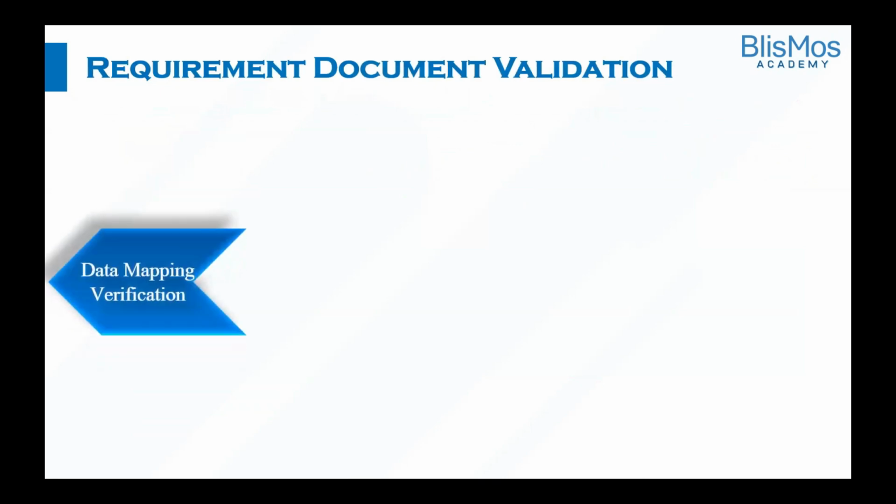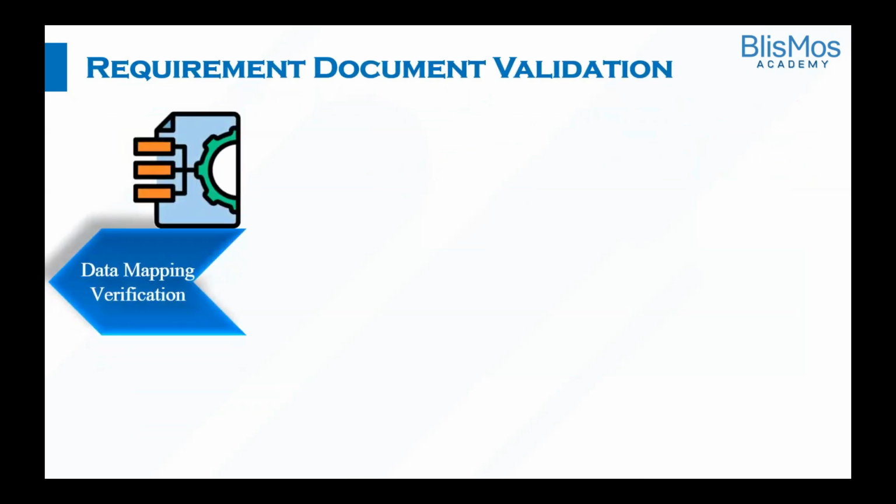Then comes the data mapping verification. So we may say all of these things come as a part of the requirements only. But some of this needs a special mention because the core of big data engineering projects would involve this data mapping, and we have to ensure the data mapping is proper.